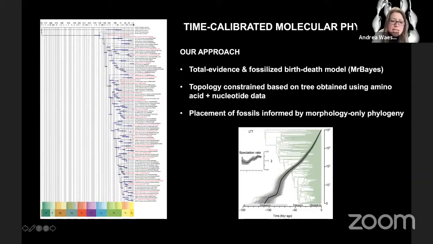So the nice thing about bryozoans, because they have such a massive fossil record, we are spoiled for choice for our calibration points. And we have a good methodology now in place to produce this time-calibrated phylogeny once the full phylogeny is in place.